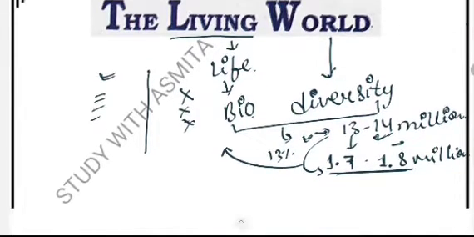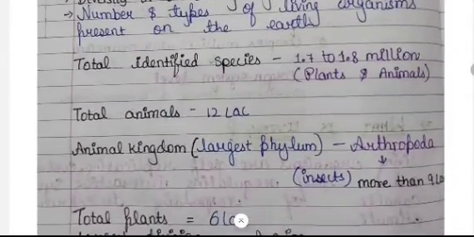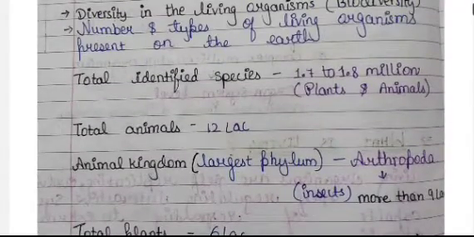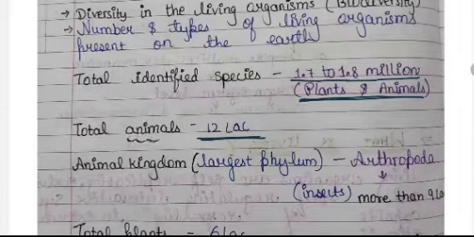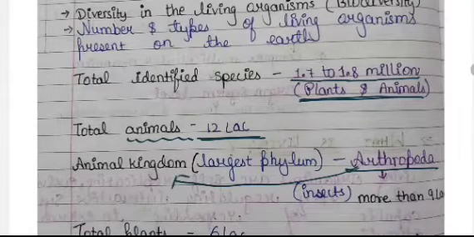As I have said, the total number of identified species of plants and animals is 1.7 to 1.8 million. 12 lakhs of total animal species are found, and the phylum Arthropoda belongs to the kingdom Animalia, which consists of insects for more than 9 lakhs.